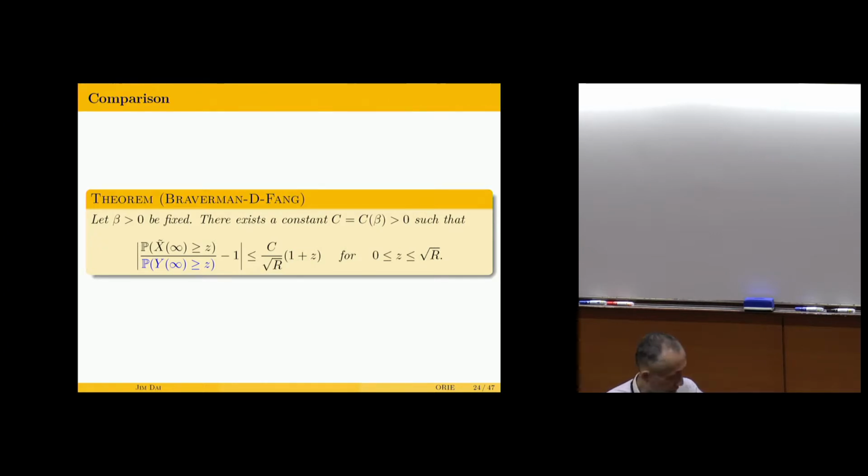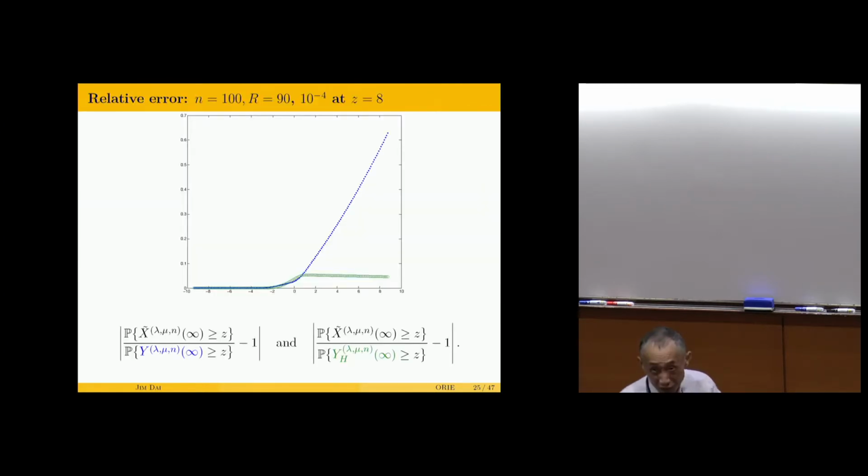I hope the following picture gives you some clue. There's a green one here, a tail. Why the tail is important, I don't need to get into that, particularly in operations research, where it's related to service level, 5% service level, 1% service level. For customers, you need to promise something, right? So the tail, the moderate deviation, is very relevant.